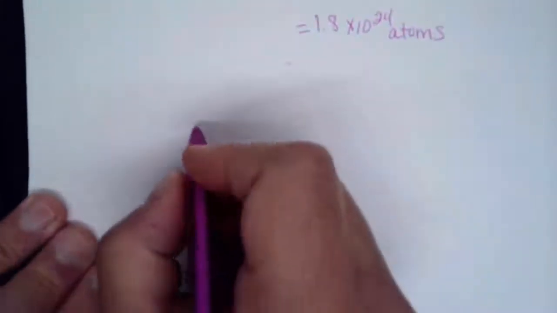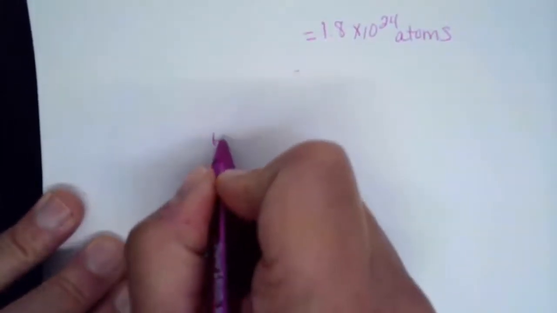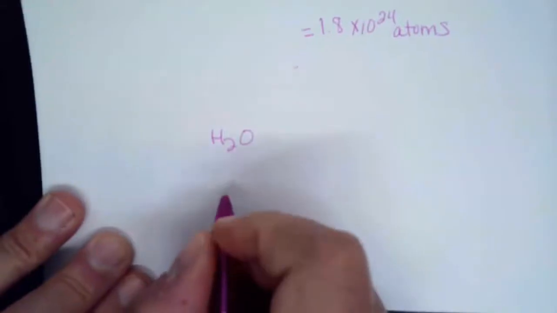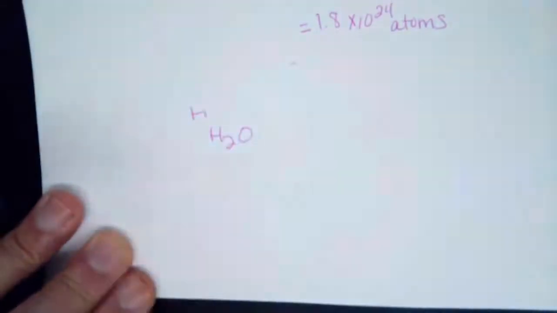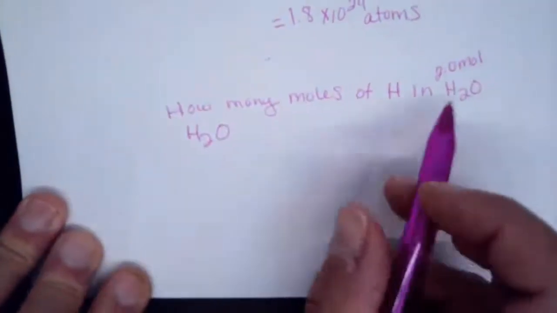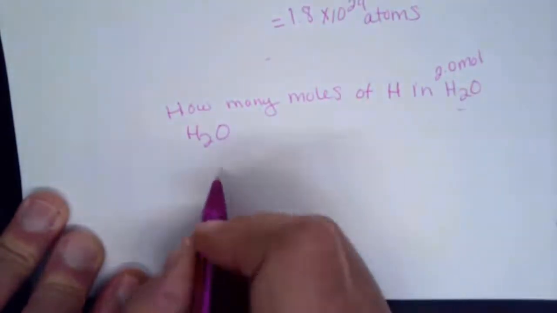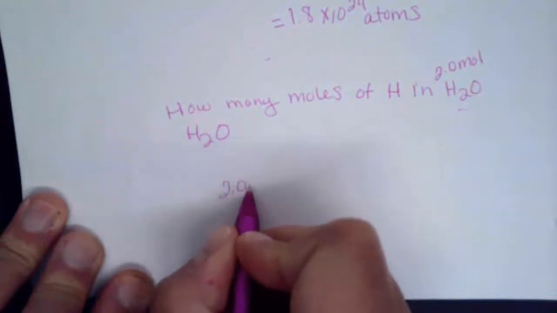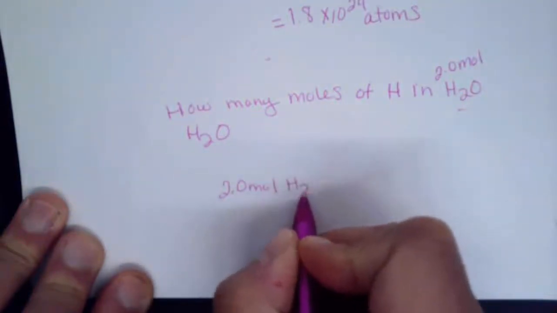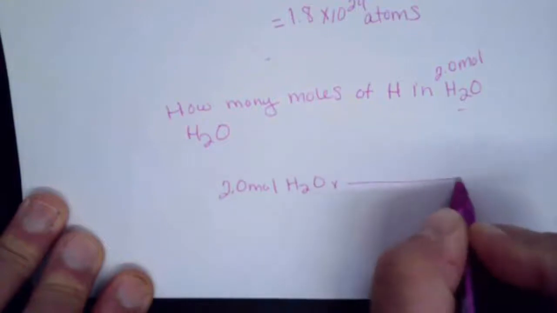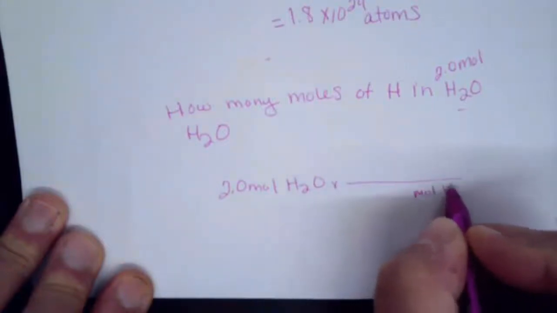So let's try another one. Let's try H2O. How many moles of hydrogen are there in 2.0 moles of water? Start out with what you have. You have 2.0 moles of water. Moles of water will be down here.